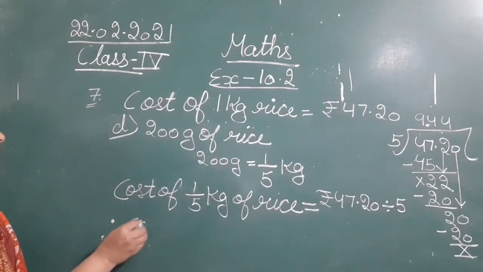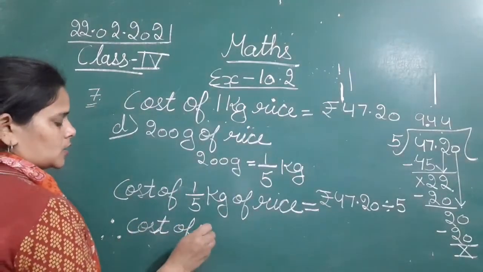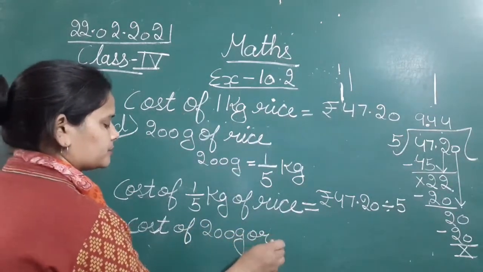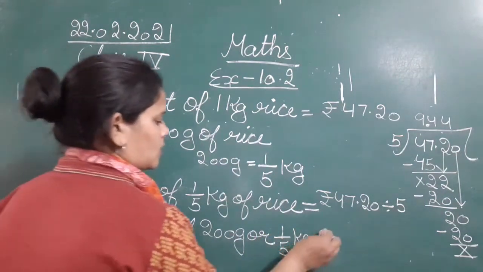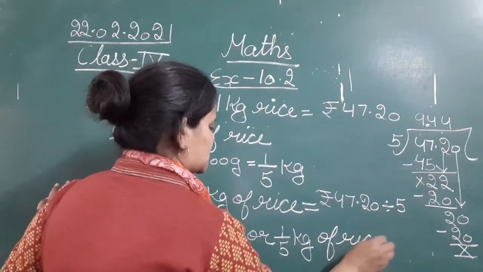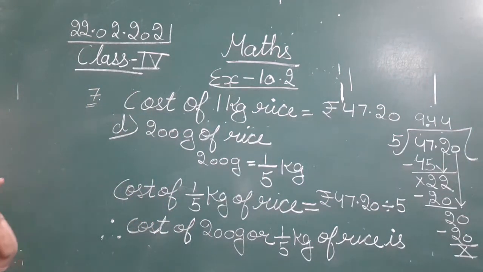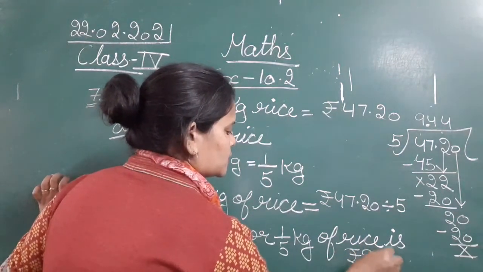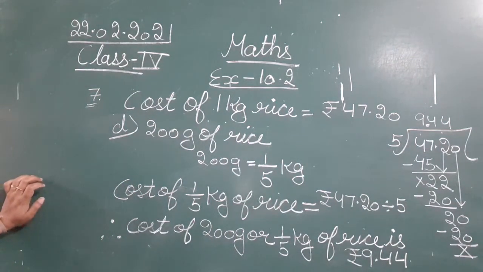Therefore, cost of 200 gram or 1/5 kg of rice is 9 rupees and 44 paise. So this is the cost of 200 gram of rice.